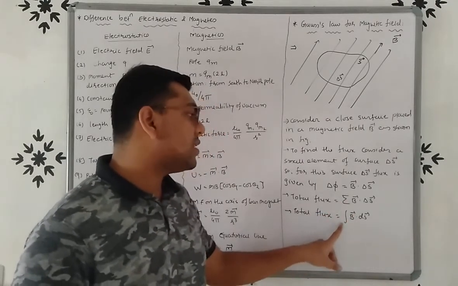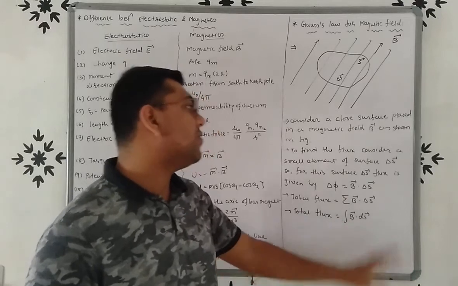So total flux is equals to integration of vector B dot vector ds.